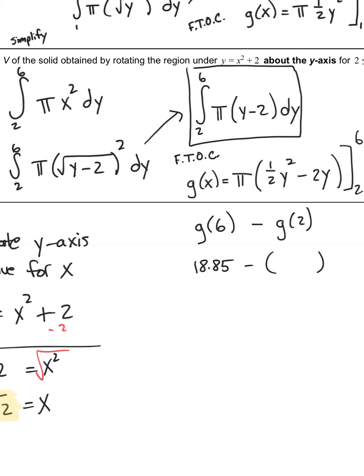When I plug in 2, I'm getting negative 6.283. Remember, this minus and this negative are not the same, so that becomes a positive, and I add them together, and I get 25.13, and that is units cubed. All right, thanks, calculus.